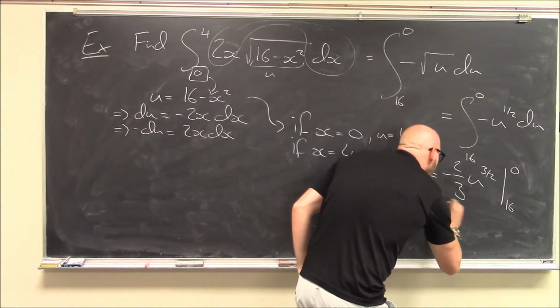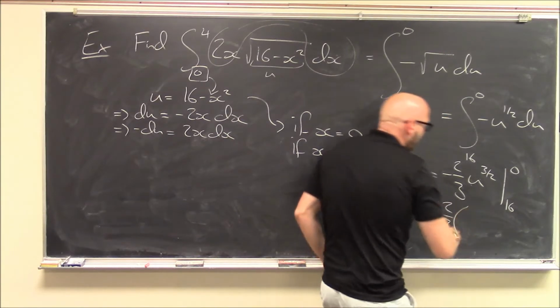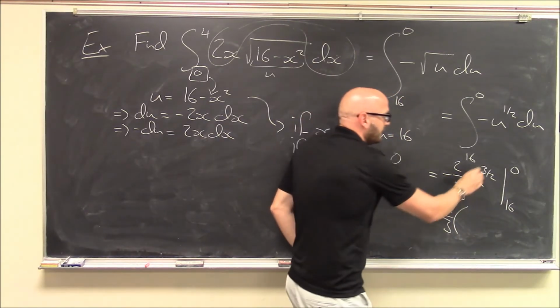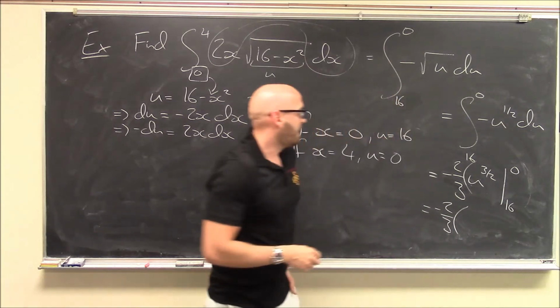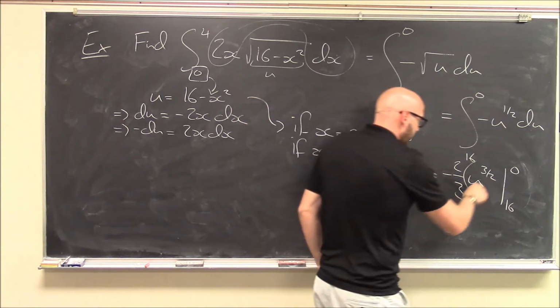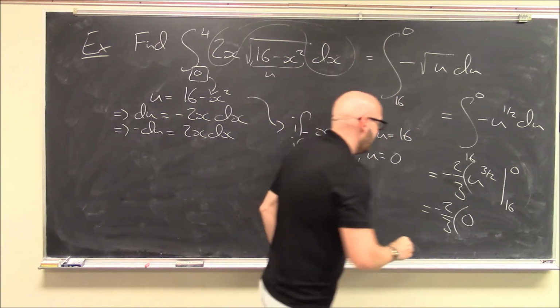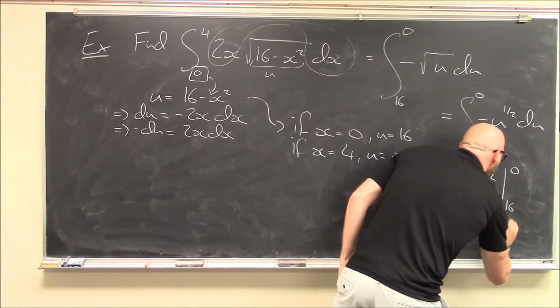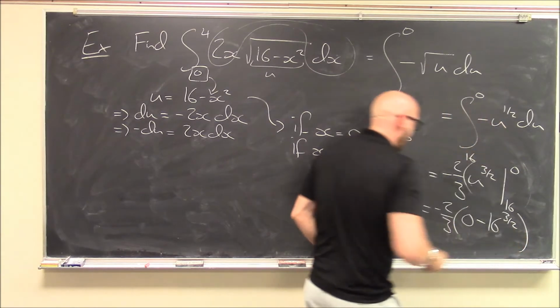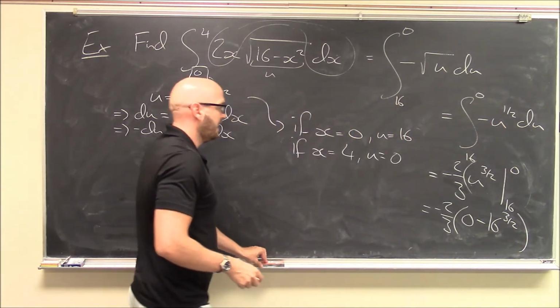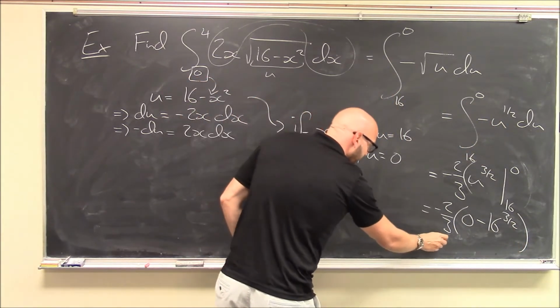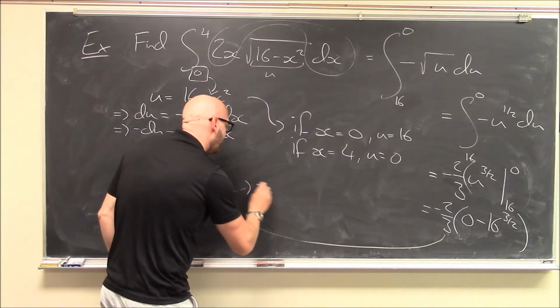So I'm going to factor out the minus 2/3 here, so I'm thinking of it like this. Minus 2/3 u to the 3/2. So plug in 0, we've got 0 to the 3/2, minus 16 to the 3/2. And I am completely out of space. I really apologize for the board work on this problem.